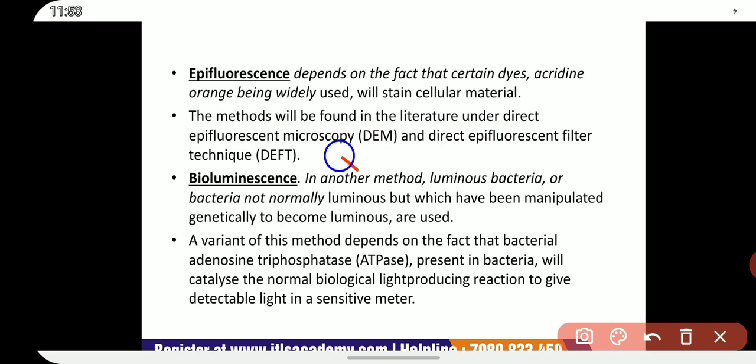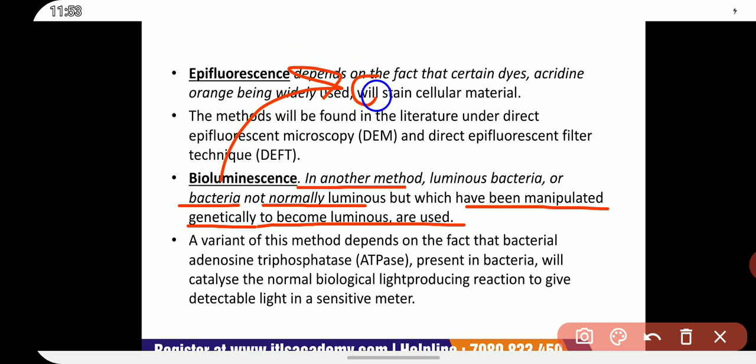Our next phenomenon is bioluminescence. In another method, luminous bacteria, or bacteria not normally luminous but which have been manipulated genetically to become luminous, are used. Bioluminescence is a phenomenon in which bacteria glow.